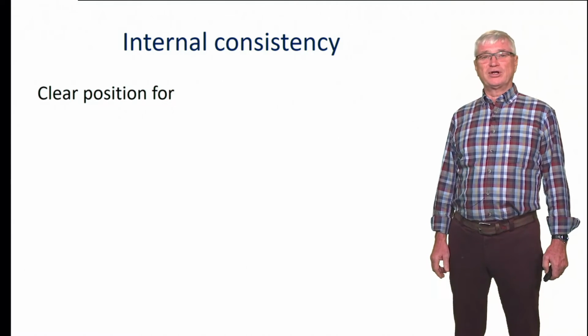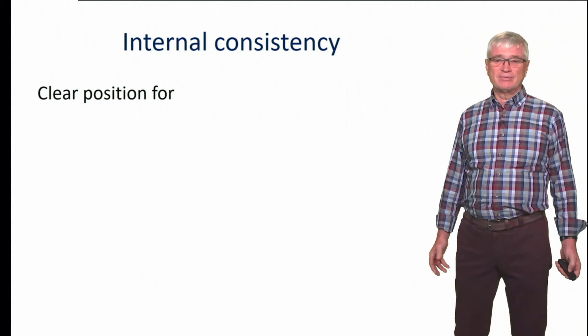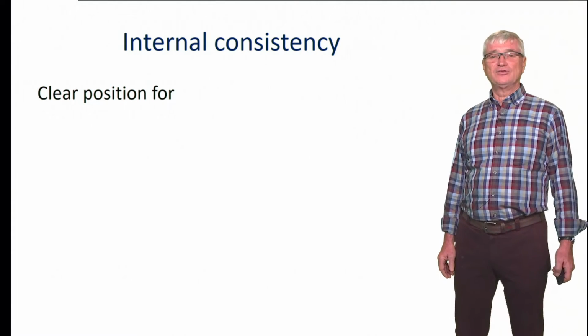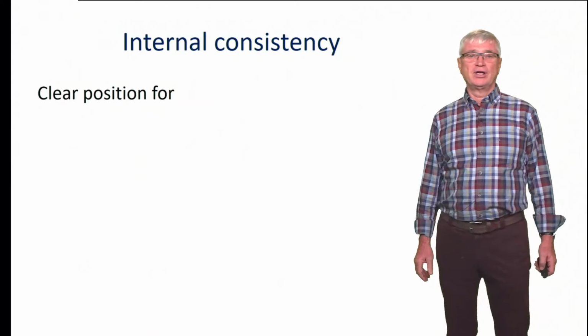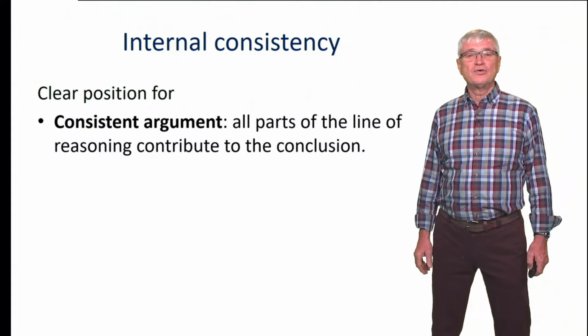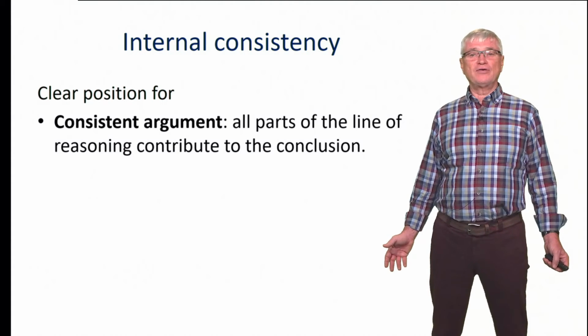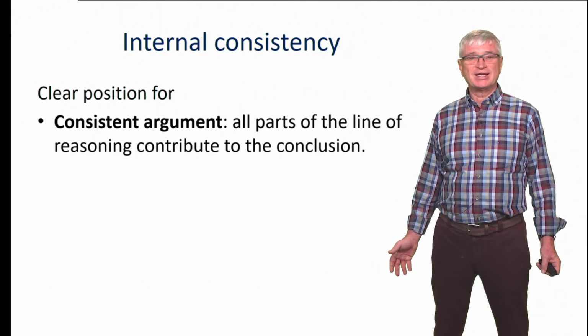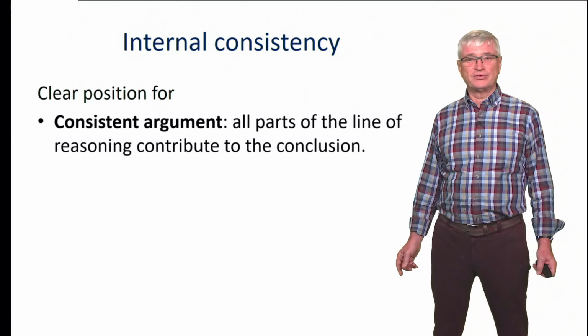In order to be clear and facilitate the reader to follow you, you need internal consistency. To be inconsistent is not very smart. Inconsistency means you confuse the readers. Now, internal consistency means you have a clear position and all parts of the line of reasoning contribute to the conclusions. That's a consistent argument.